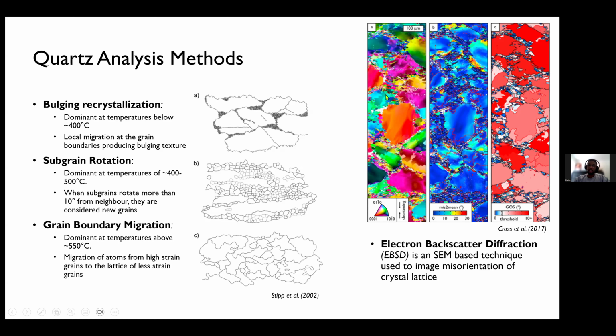And so looking at this orange quartz crystal here, we can see that there's a change in shade of the orange to a reddish color. And basically this is telling us that there's some amount of misorientation or lattice distortion within that quartz crystal. And you can produce a couple different plots to display this information in different ways. So these will be some pretty important techniques for us.